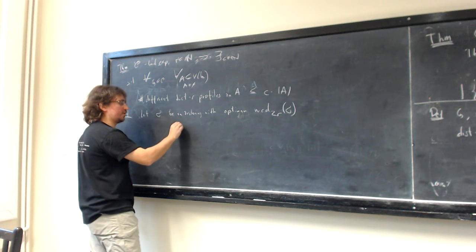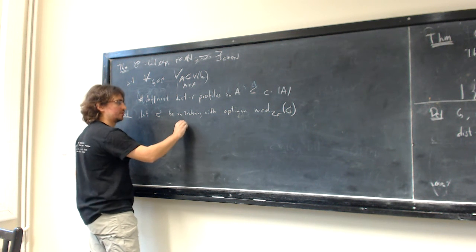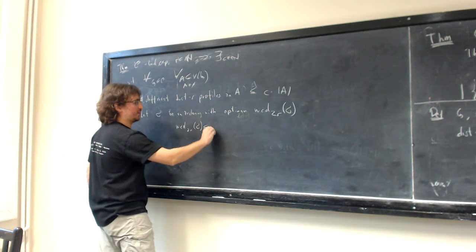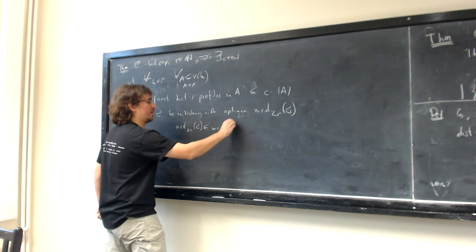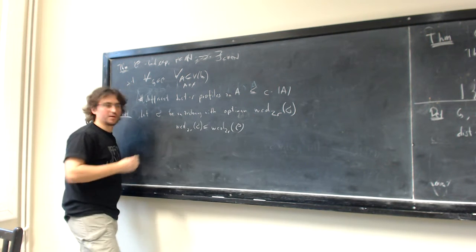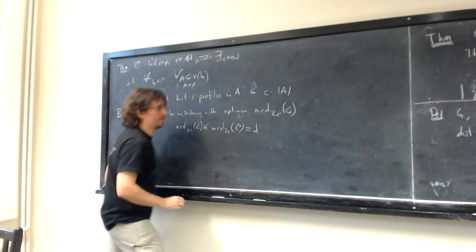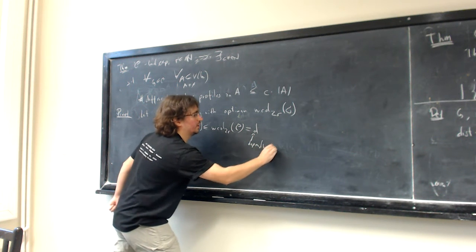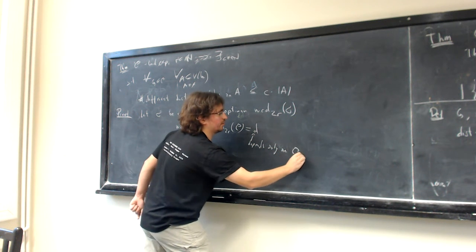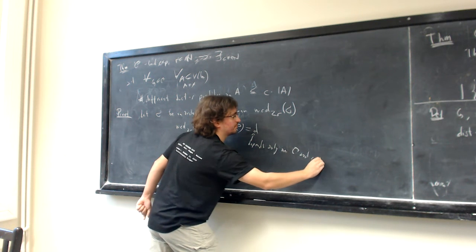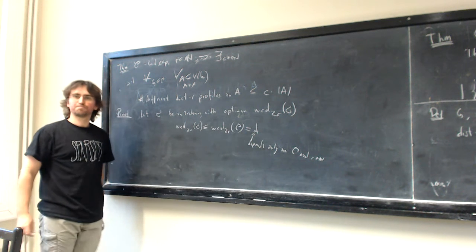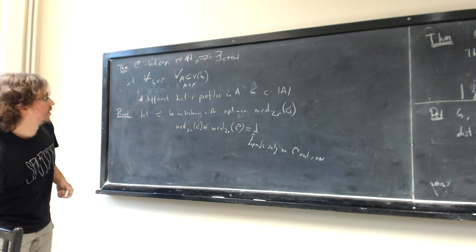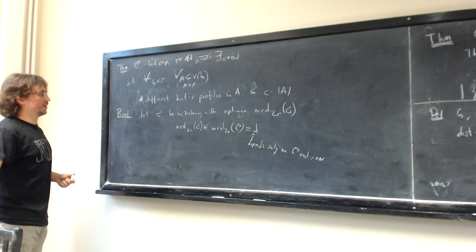This means that the weak coloring number at distance 2r of sigma is bounded by the weak coloring number at distance 2r of my class, which is a constant, call it d. This depends only on the class C and the radius r. We just take an ordering with optimal weak coloring number.